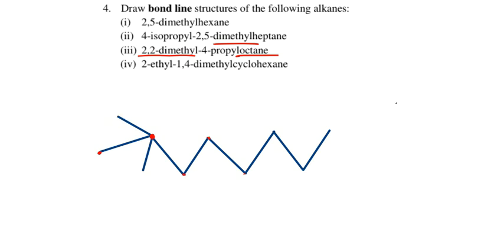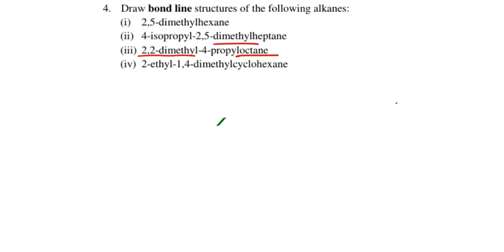And then on position number 4, there's propyl. So in this case it's not iso, but just propyl. So 3 carbons will be joined. So that's 1, 2, 3. We're done.